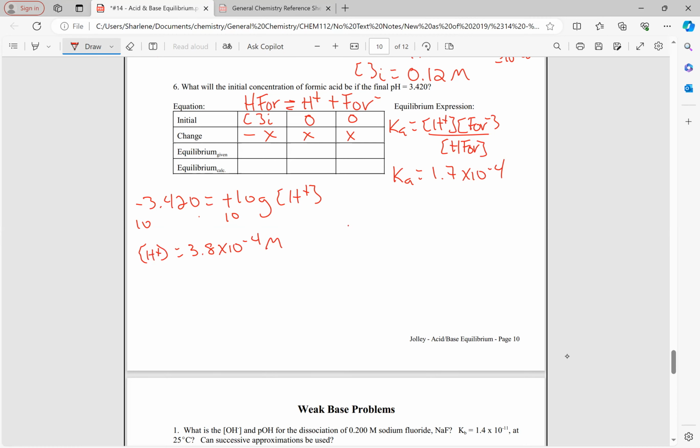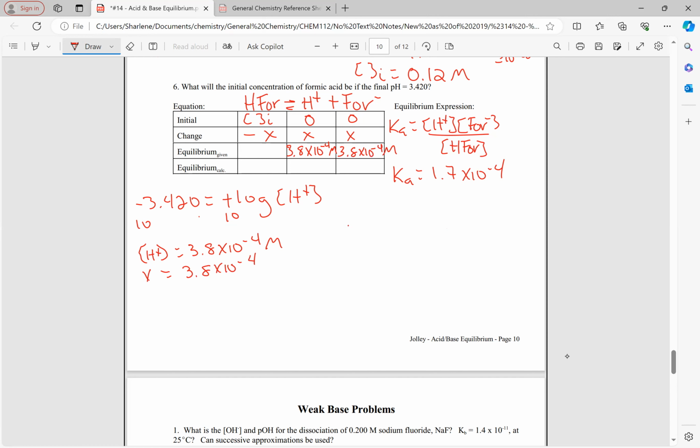So this number is 3.8 times 10 to the minus fourth, and 0 plus x equals that. So x is also 3.8 times 10 to the minus fourth, which makes this one also 3.8 times 10 to the minus fourth.